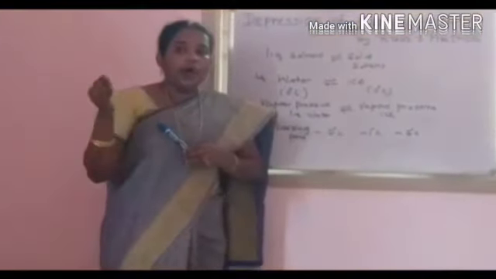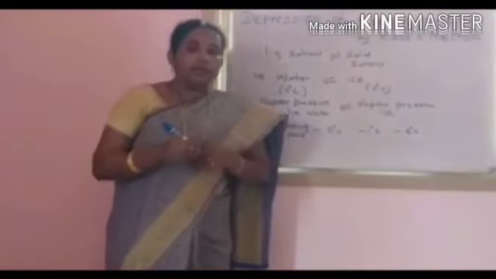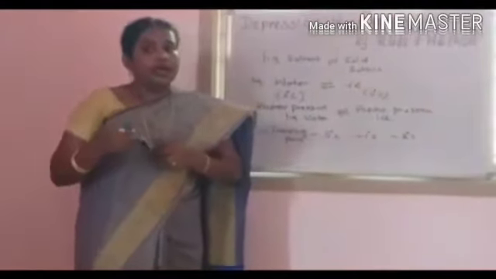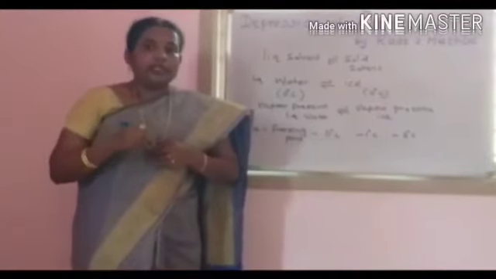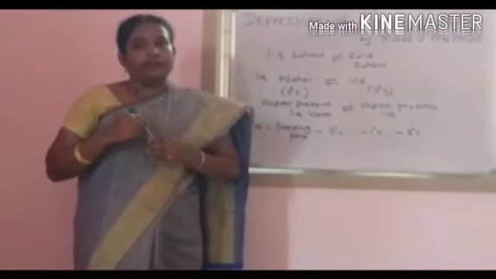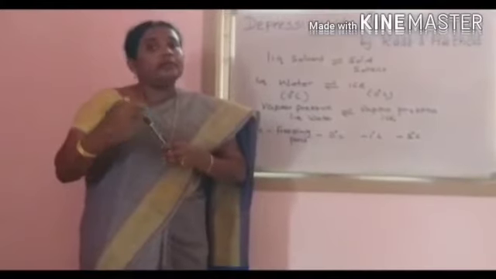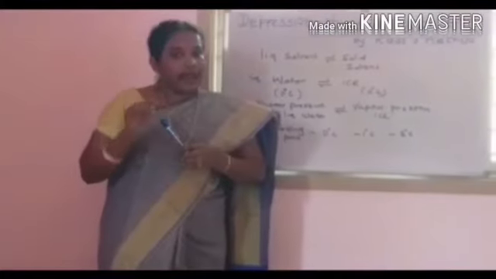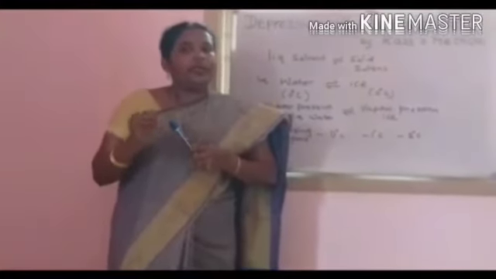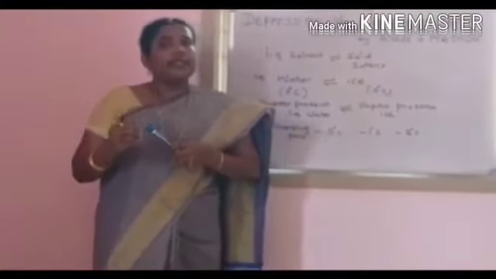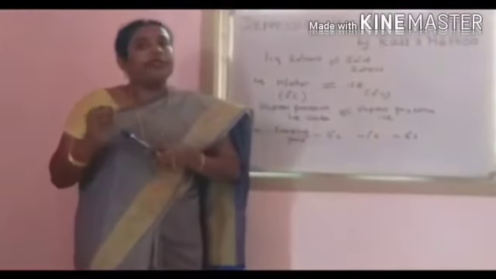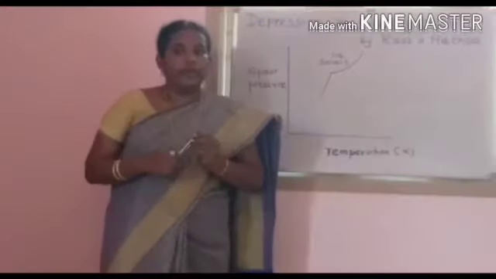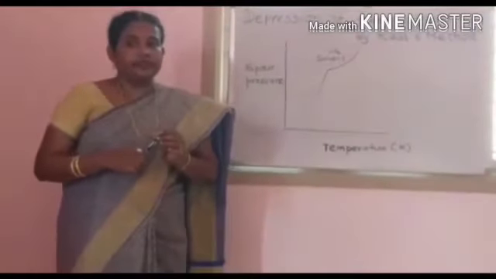If you go on adding salt, the freezing point goes on decreasing. This decrease in temperature on addition of a non-volatile solute is what we are going to deal with, and it is called depression of freezing point. Let us move to the graphical representation for it.